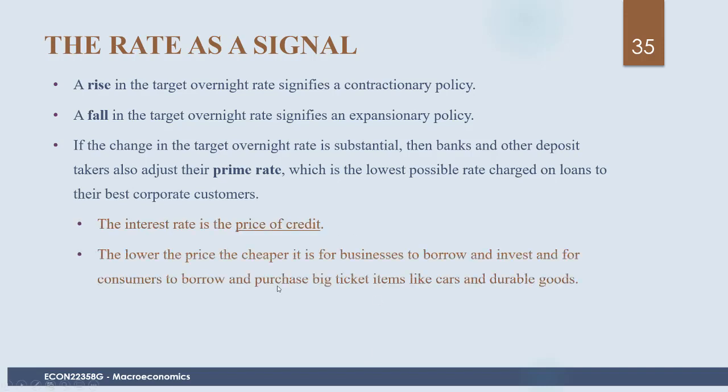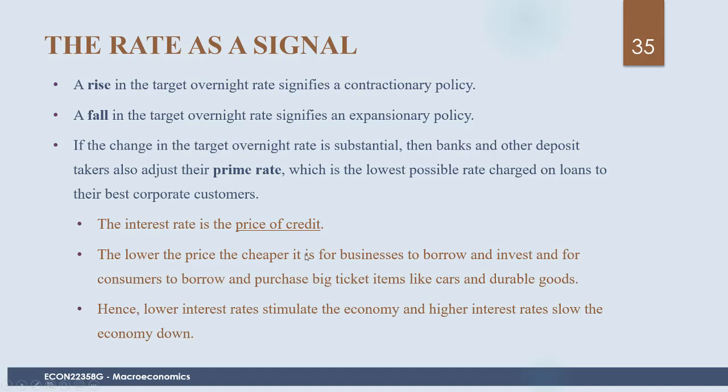Again, the interest rate is the price of credit, and a lower interest rate stimulates the economy because credit is cheaper. Consumers are more willing to buy durable goods or big ticket items they would borrow money for, and businesses would be more likely to increase their investment. So lower interest rates stimulate the economy, higher interest rates slow the economy down.